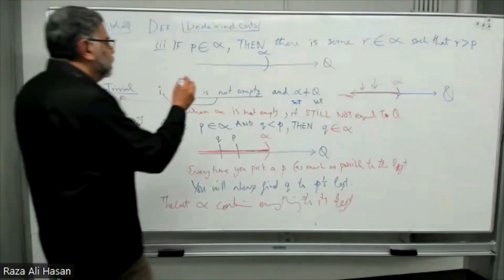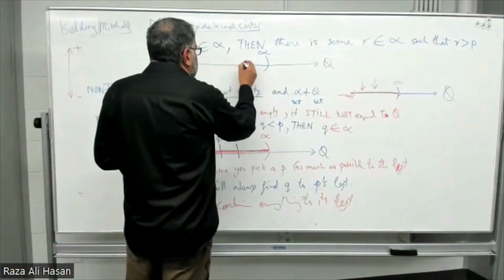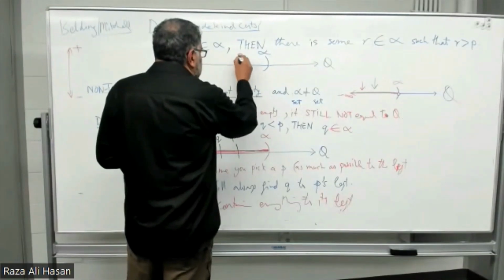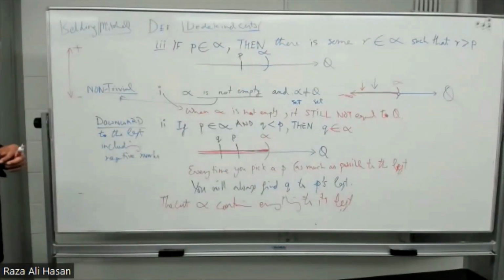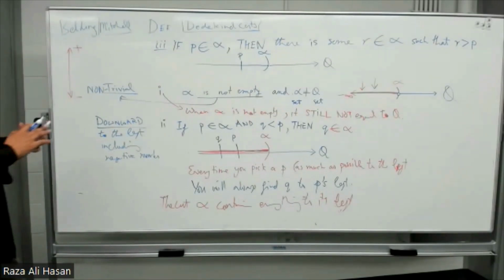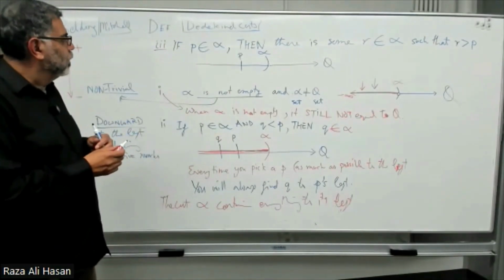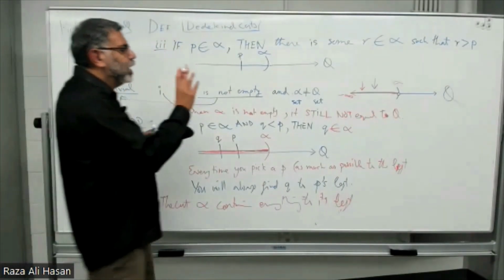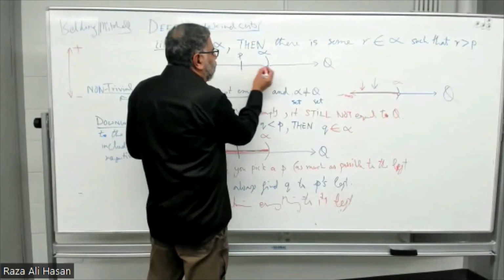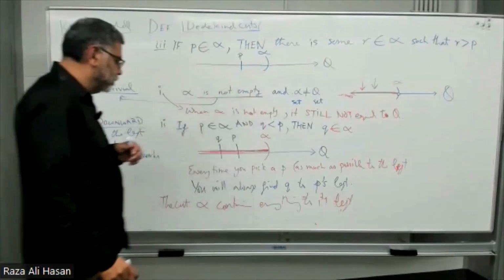And then we have P right here. R is between P and alpha. Why is it? Because alpha is a set. So right from here all the way to over here.